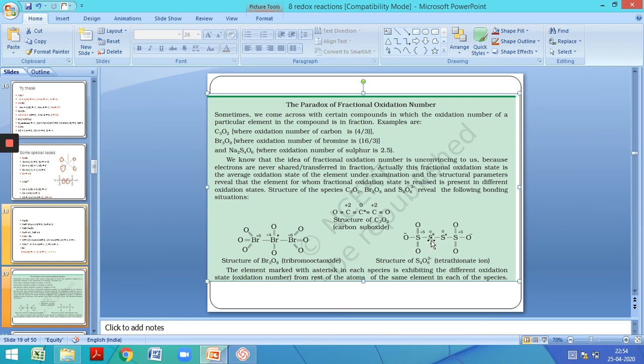And sulfur-sulfur, again the electron pair is equally shared, so 0 and 0 is the oxidation number. Look at this sulfur, minus 2, minus 2, and minus 1 from here because the charge on this oxygen is minus 1, so plus 5. And similarly, this end also plus 5.